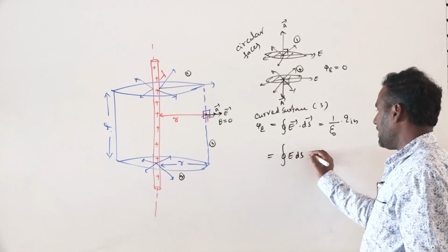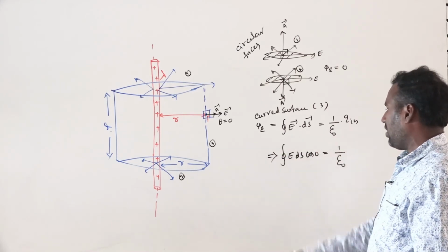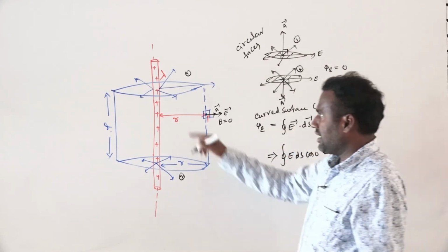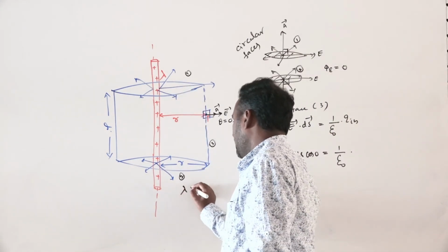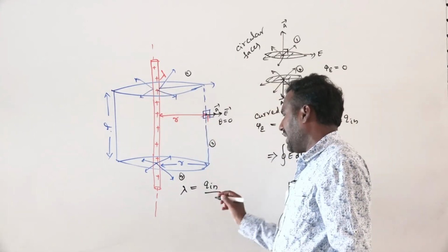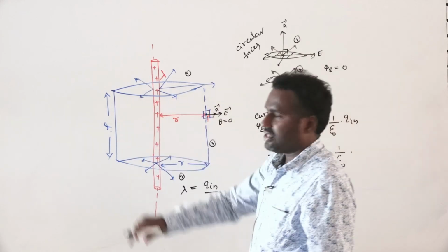So we can say E ds cos 0 is equal to 1 by epsilon naught times the total charge. Here the linear charge density is lambda, where lambda equals Qn, the charge enclosed, divided by L, the length of the Gaussian surface.